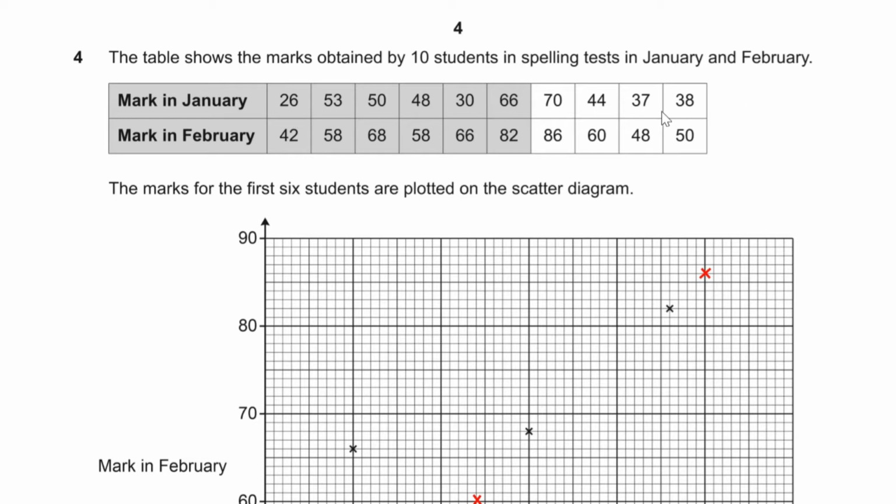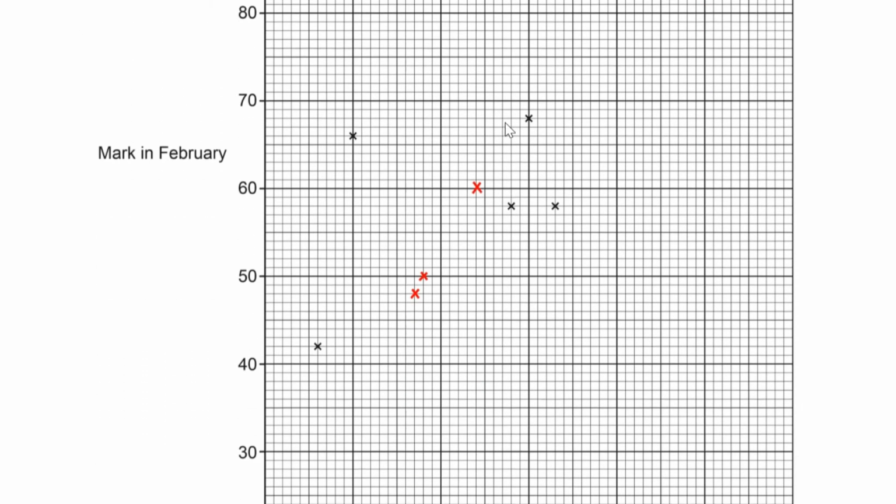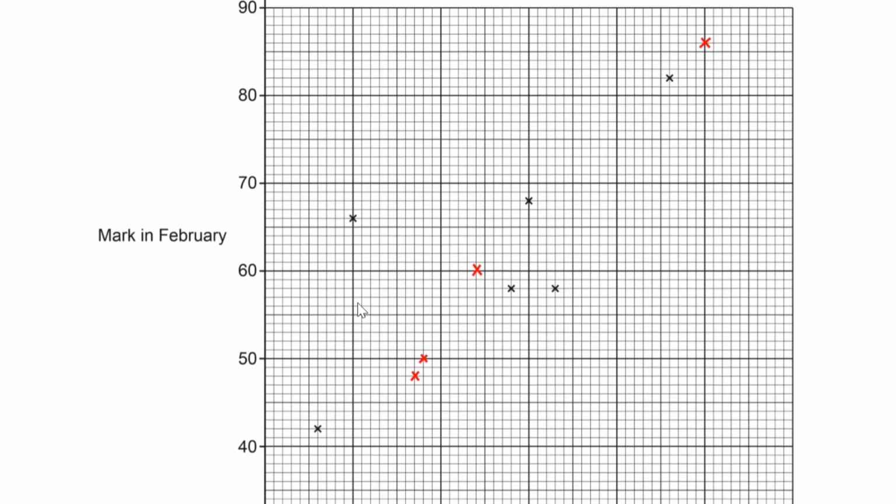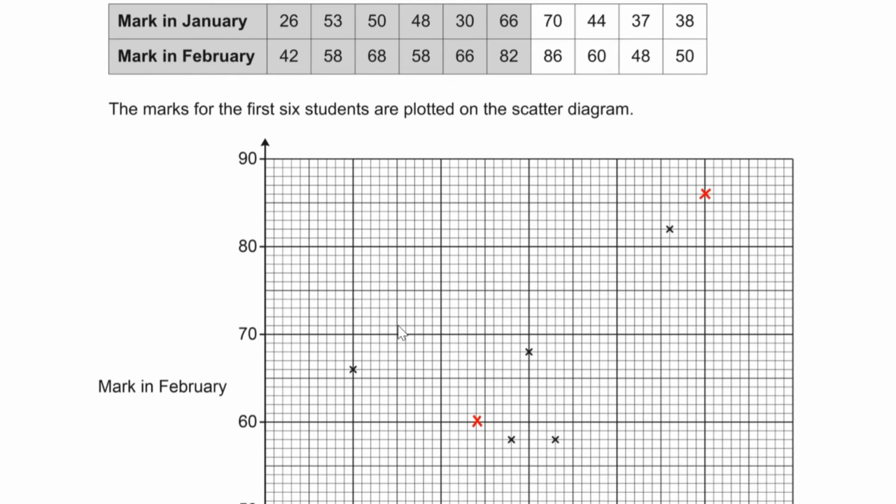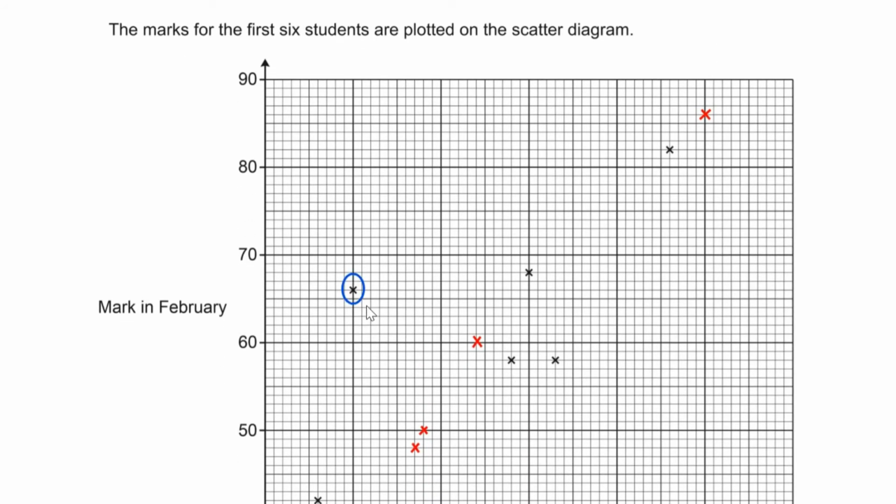What looks like the greatest difference will be this score of 30 in January to a score of 66 in February. So we need to circle 30 and then 66. We need to circle this point over here.